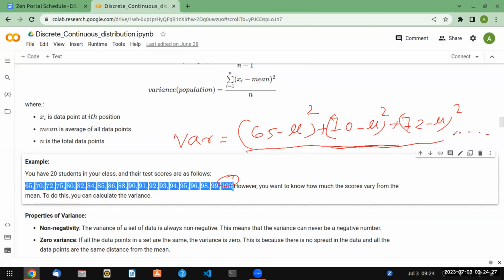Now divide by, this is a small set of data, so consider this as sample or population? Sample. So what will we do? 20 minus 1. So this will be my variance for this data, whatever number I get.